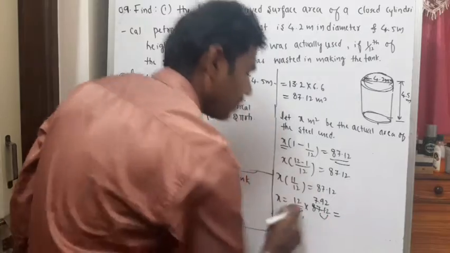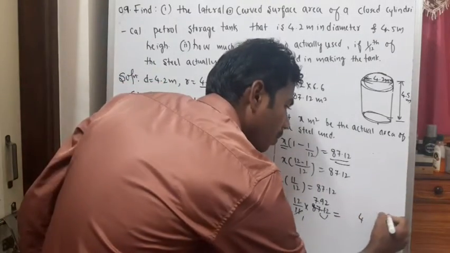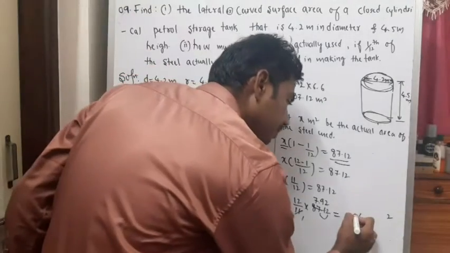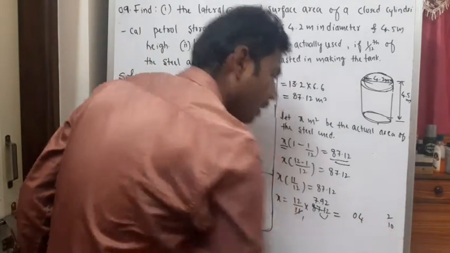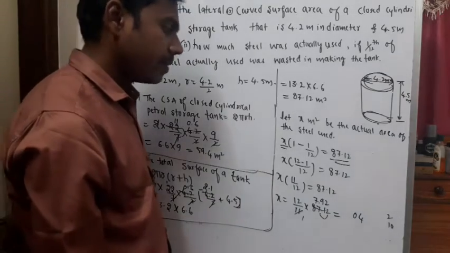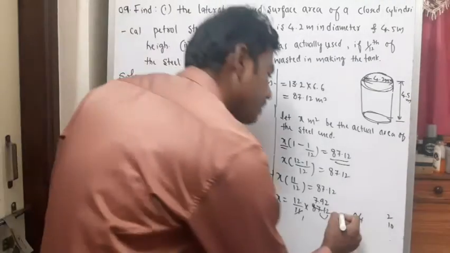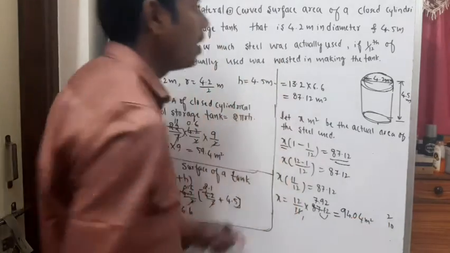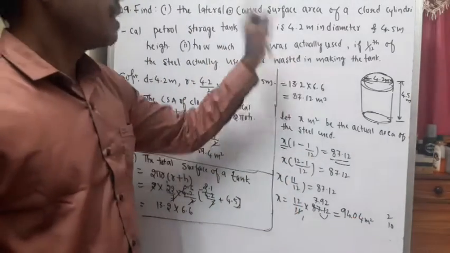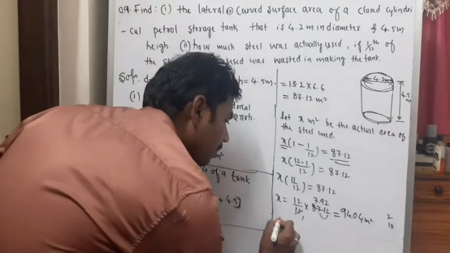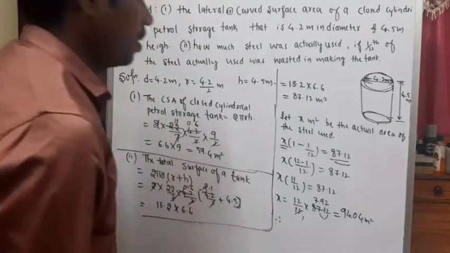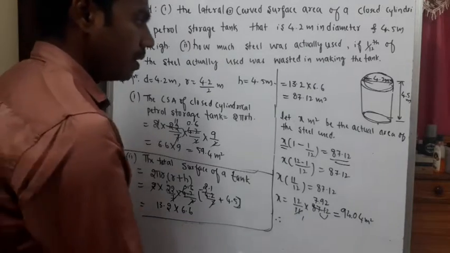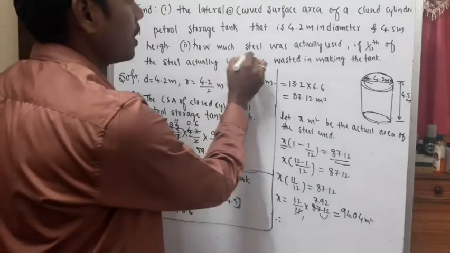Okay, 12 twos are 24, 2 carry, 12 nines are 108 plus 2, 110, 10 carry, 12 sevens are 84 plus 10, 94. That is, the answer is 94.08 meter square. So how much steel was actually used? Therefore, the actual, what should be our conclusion statement?